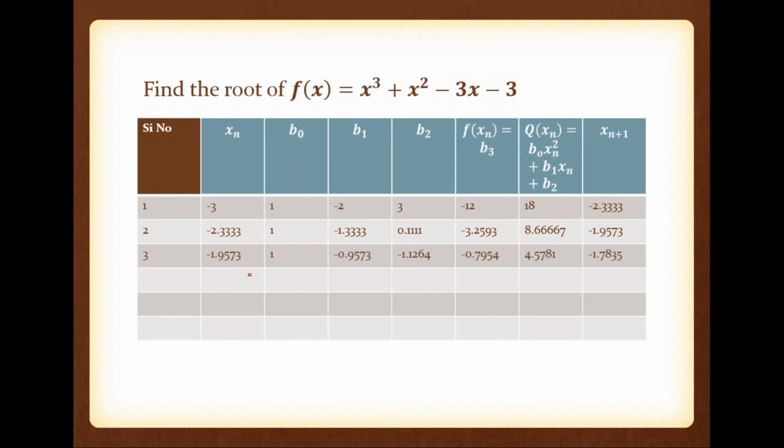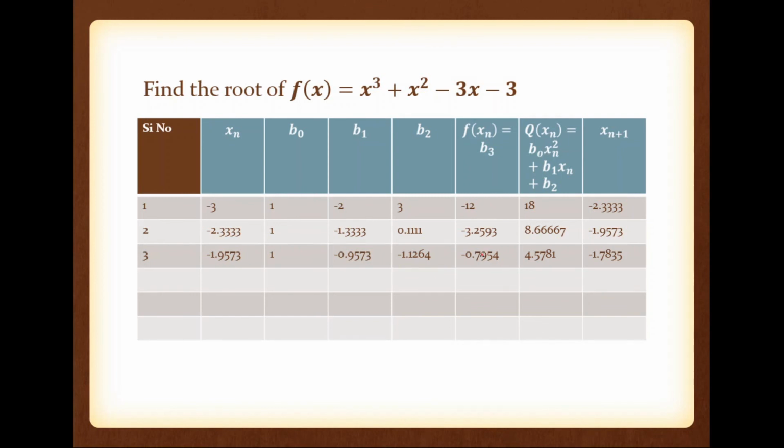So minus 1.9573, that is xn. Now B0 is equal to A0, the coefficient. Now B1 is equal to A1, this coefficient, plus B0 into the initial condition, that is minus 1.9573. So B1 is equal to minus 0.9573. Now B2 is equal to this coefficient, minus 3, plus B1 into X0. So we have minus 1.1264.